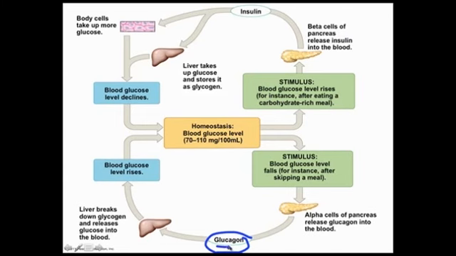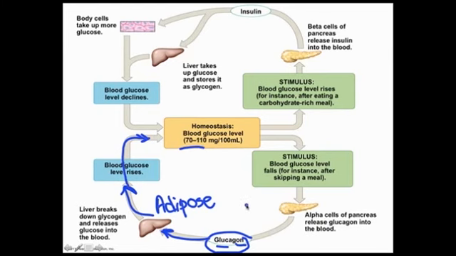When glucose is gone, glucagon is going to stimulate the liver and adipose cells, don't forget the fat cells, to release glucose, and when they do, that's going to cause glucose levels to rise to a more homeostatic condition.